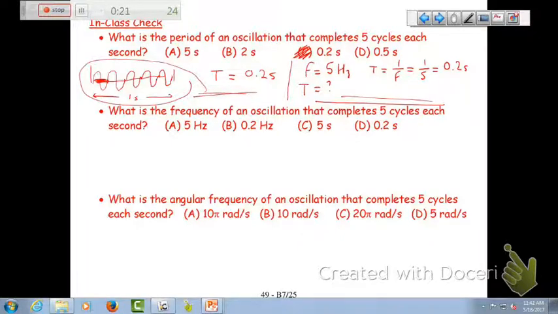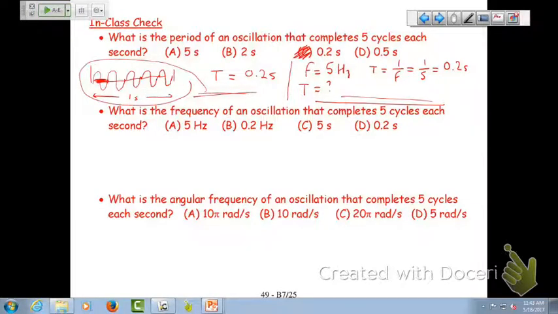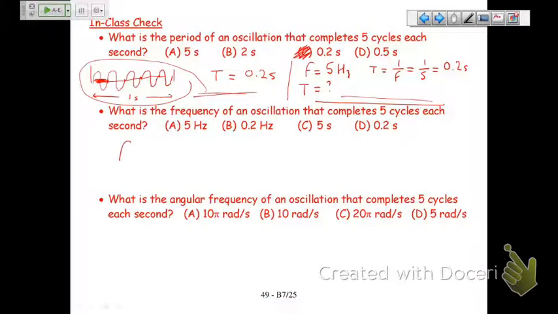Let's have a look at what people said. Mainly A, but not exclusively A. Frequency equals the number of cycles per second, and 5 cycles each second equals 5 hertz. So it's A.